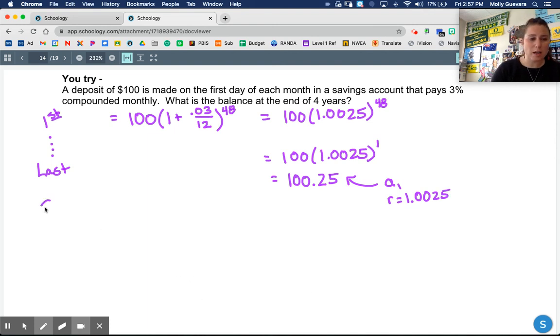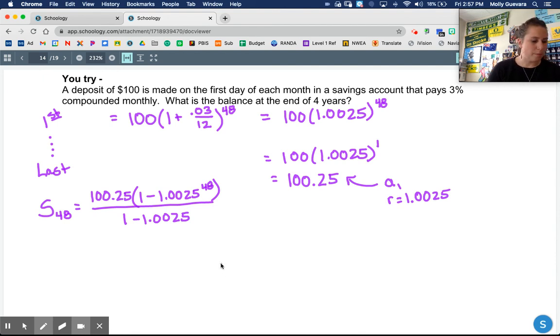So to find the sum of the first 48 terms, I'm going to take my first term, which is 100.25, times 1 minus 1.0025 to the 48, all over 1 minus 1.0025. And I do some handy dandy calculator work, and we should get $5,105.85.